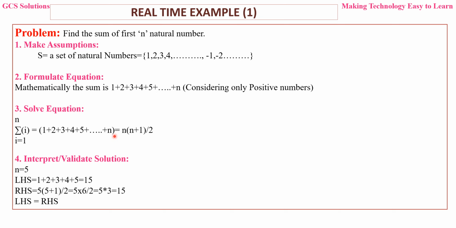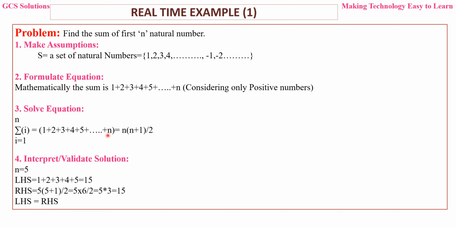Now I can further evaluate this expression as n into n plus 1 whole divided by 2. For this purpose you need to have some background of statistical mathematics. I hope that you perhaps have a background of that, and with that assumption I directly put this summation of i equal to 1 to n of i as n into n plus 1 whole divided by 2.